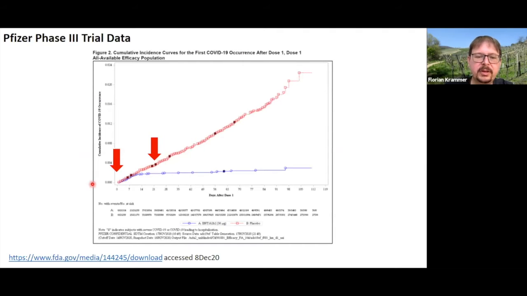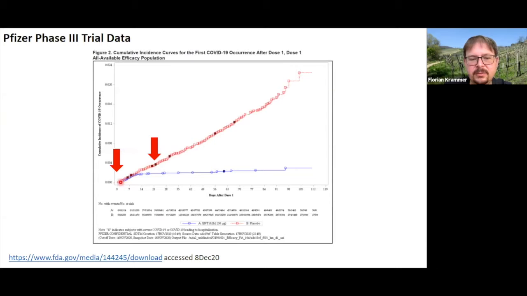I'm just going to show you how this looks graphically when a vaccine works very well, and 94% is really as good as it gets. Here we have on the x-axis the days after the first vaccination dose, and on the y-axis we have cases, basically accumulating cases. And the vaccine was given on day 0 and then again on day 21.